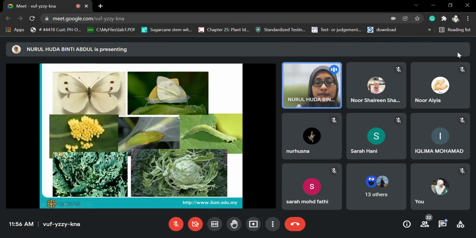Okay, this is the damage done, almost similar like other Lepidopterans, but it's just that the pupae, okay, cocoon, dia punya cocoon ni, having no seal lah untuk cover dia punya kat luar, dia tak ada seal.